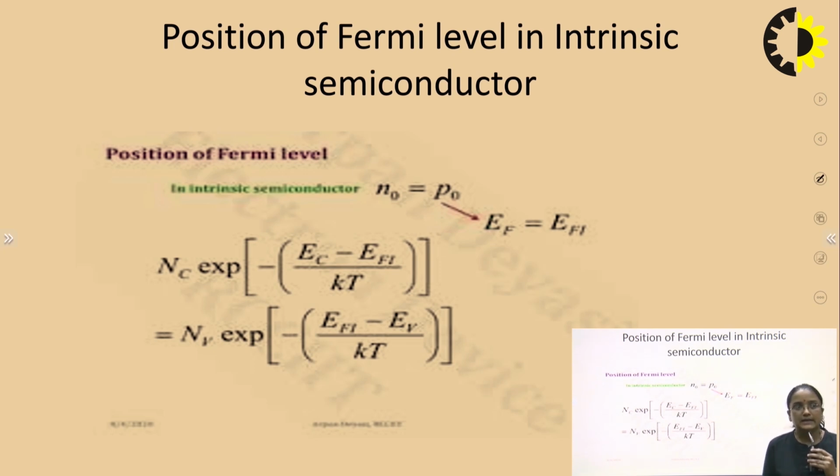So for intrinsic type, n naught equals p naught, where n naught is the number of free electrons and p naught is the number of free holes, and we define these concentrations in terms of the effective density states, which are Nc and Nv.